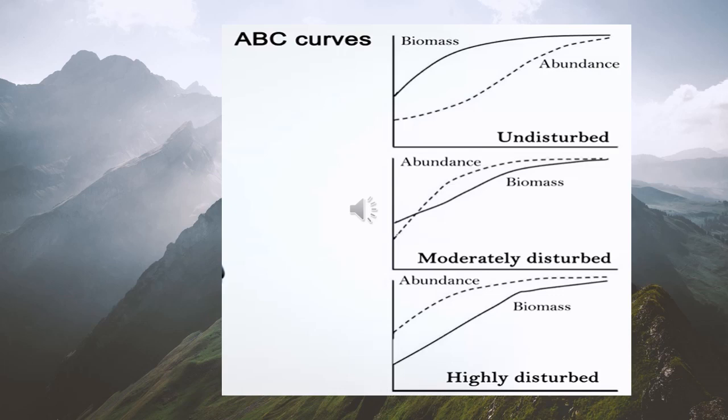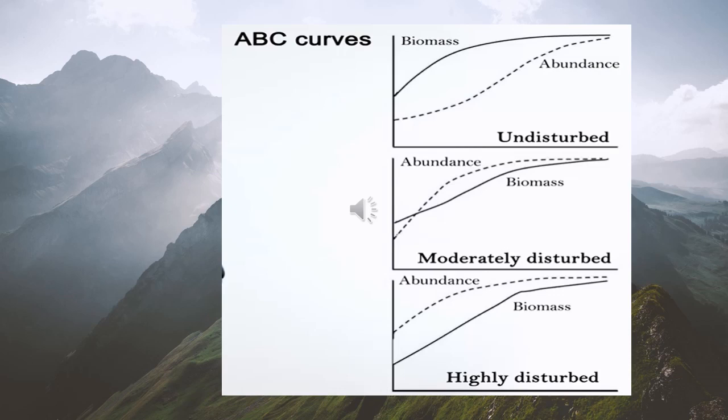For the highly disturbed site, the number of individuals is very high because there are pioneer or invasive species that can arrive and grow fast, but they cannot accumulate much biomass.